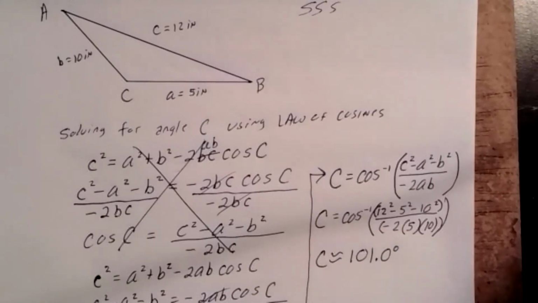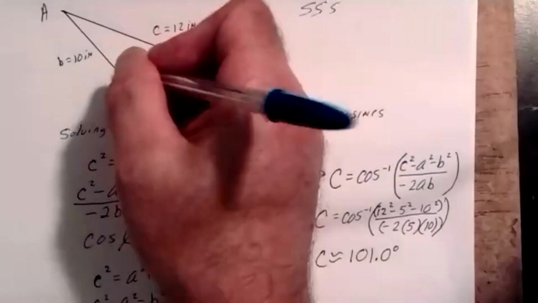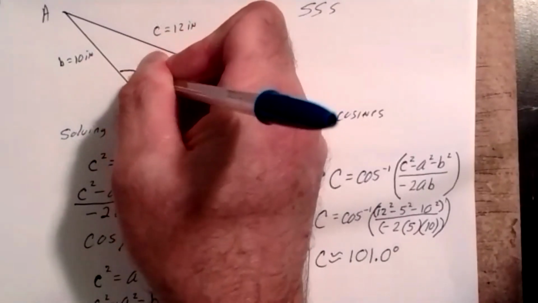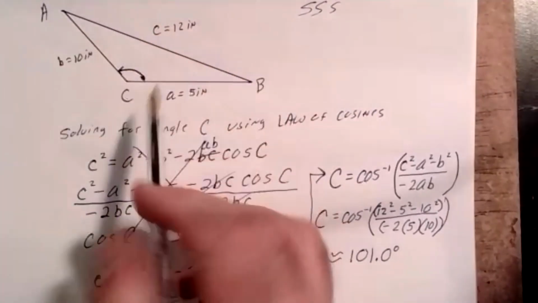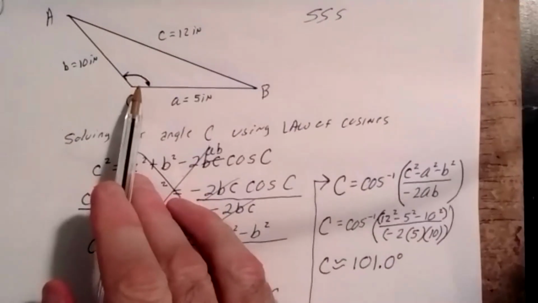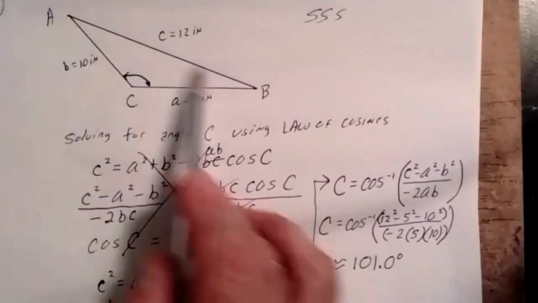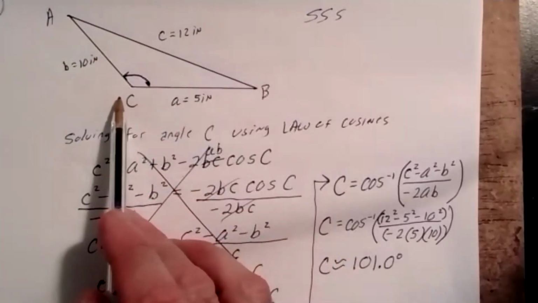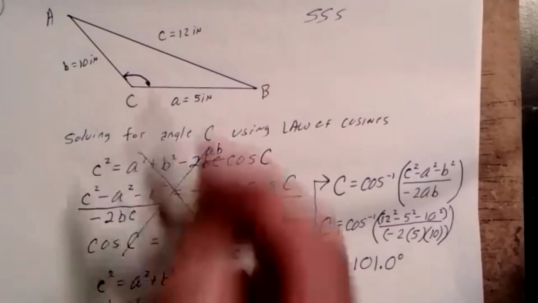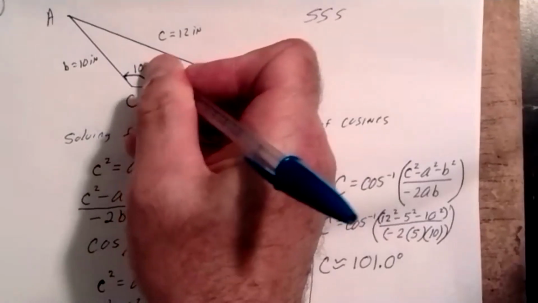Yes, I got 100.95. 100.95, so about 101 degrees. Is that correct? I guess so. Does that seem about right for angle C, that it would be obtuse? Yeah, it makes sense just by looking at the picture here. Side C is the longest of the three sides, so it seems like this would have to be an obtuse angle. It kind of looks that way, but 101 degrees.